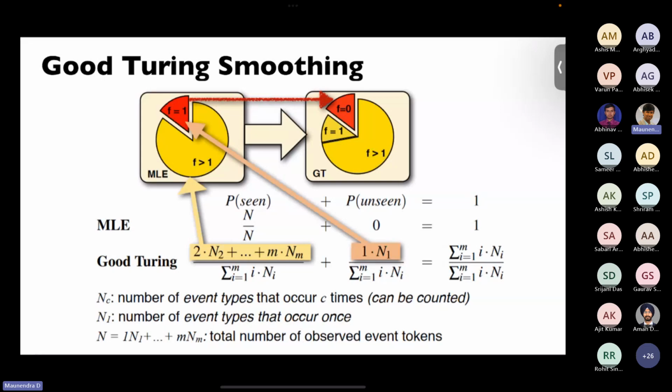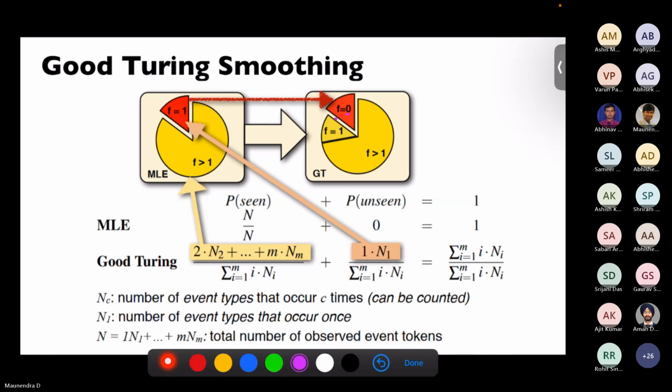So what is said here is that the total frequency mass which is there with frequency equal to 1, that entire mass will transfer to the ones for which the frequency is equal to 0. And since all the probabilities should sum to 1, whatever is remaining will be adjusted, with some portion for f equal to 1. So we'll readjust the probabilities here.